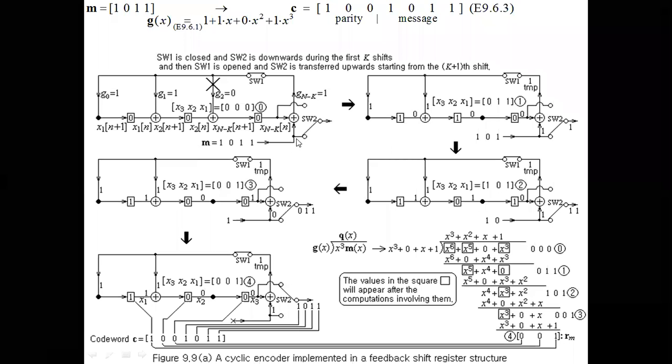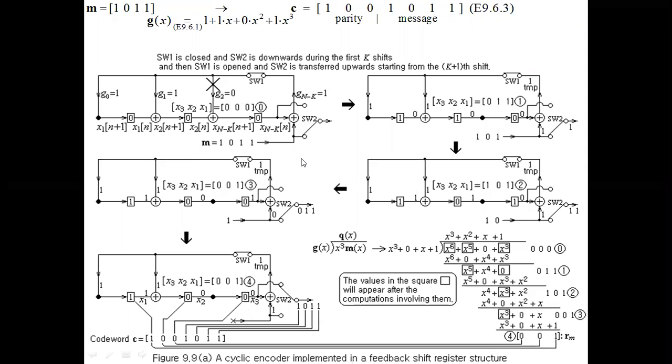Now you can perform the modulo 2 addition, that is modulo 2 arithmetic, which is the XOR operation. 1 plus 1 is 0, 0 plus 0 is 0, 1 plus 0 is 1, 0 plus 1 is 1. Okay.